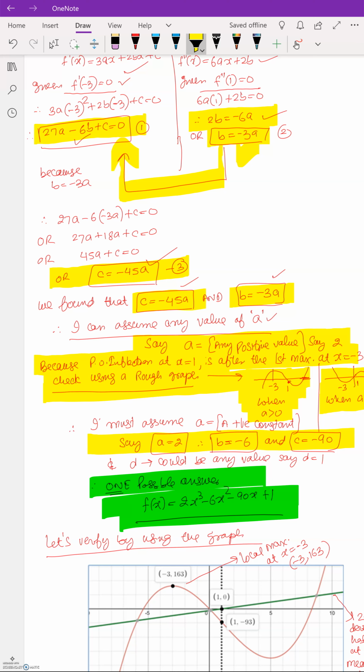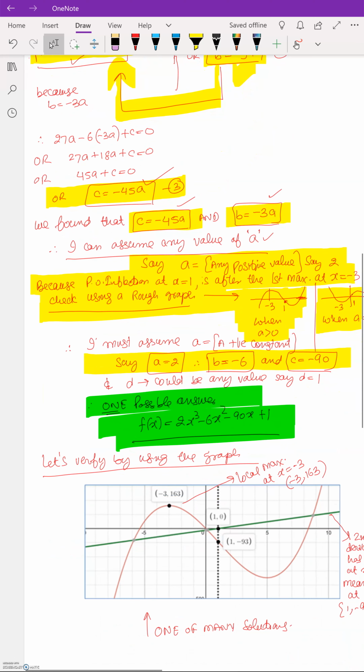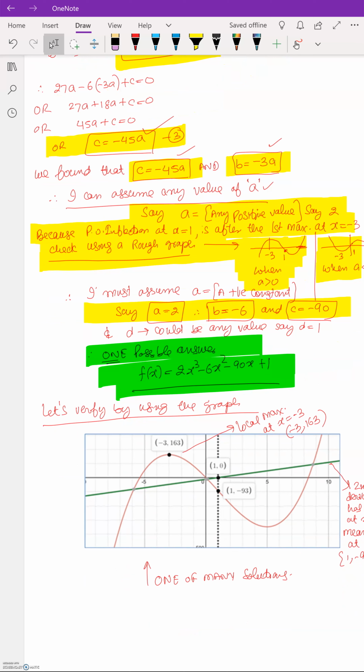So I made this graph to explain that my answer is a correct answer, but this is not the only answer. If you try to substitute a equal to 5, 10, 2, 100, 200, you will get a different function, but it will not change the conditions. There will be a local max at x equal to -3, and there will be a point of inflection at x equal to 1.